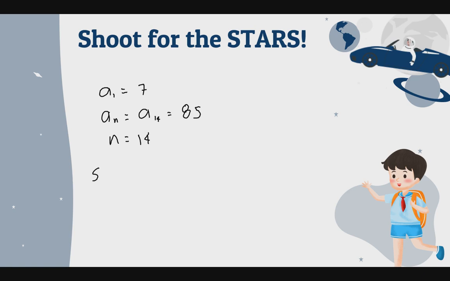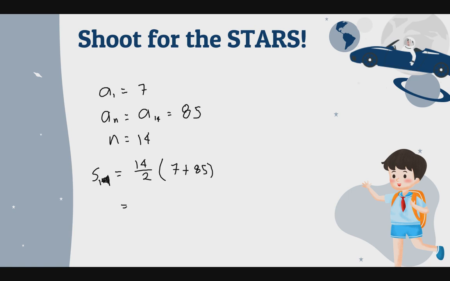And by using our formula, let's check if it matches our answer a while ago. So S sub 14 is equal to n, which is 14, over 2 times the quantity of the first term, which is 7, plus 85.